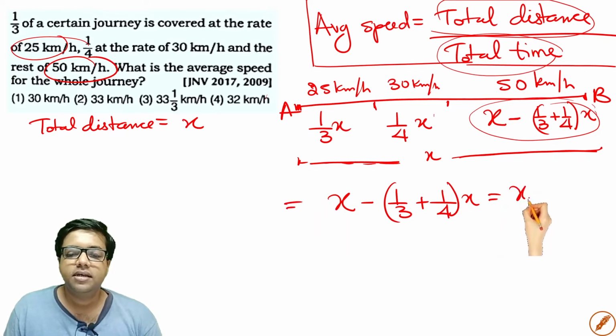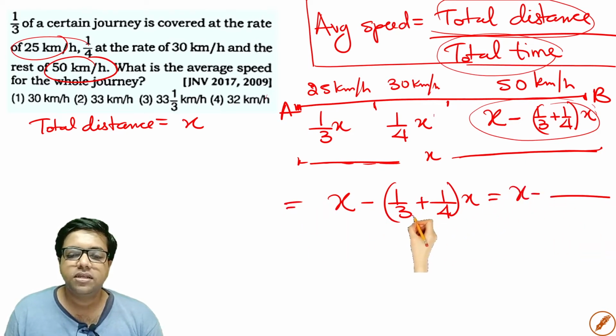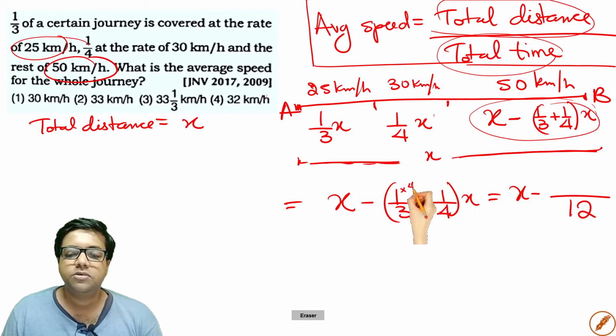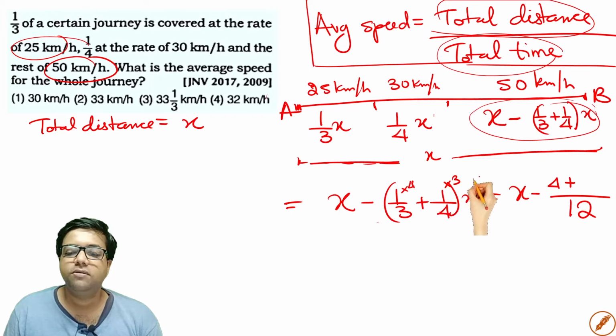I will get x times 1 minus (1 by 3 plus 1 by 4). The LCM will be 12. 3 fours are 12 and 4 threes are 12. So 1 into 4 is 4 plus 1 into 3 is 3, over 12, of x.